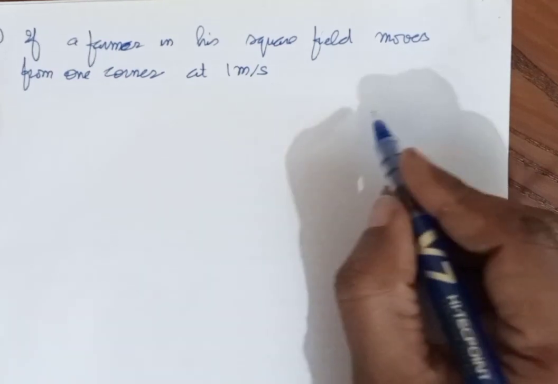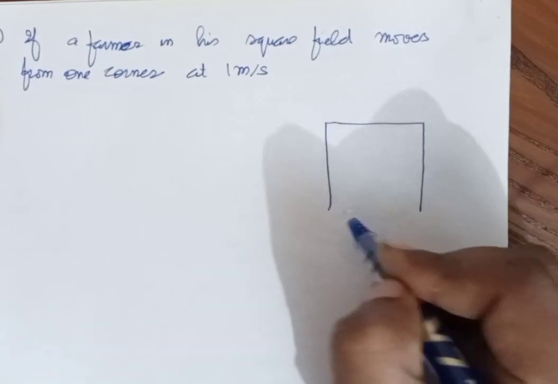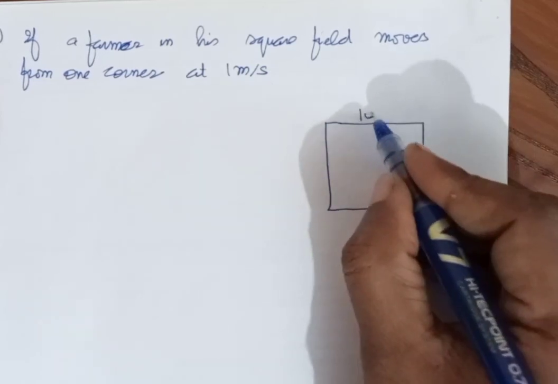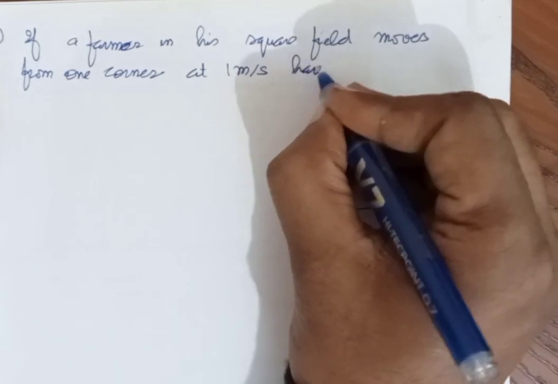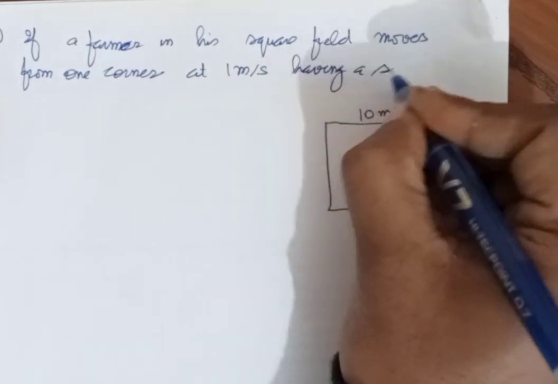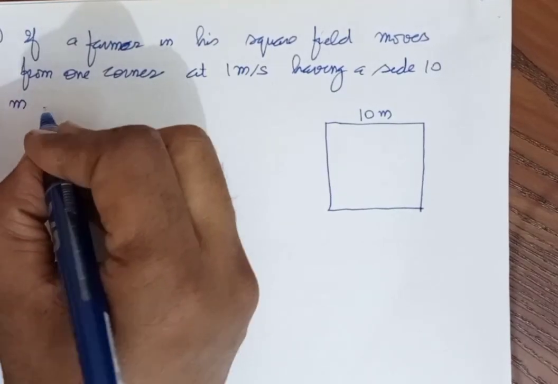This is a square field and he is moving at 1 meter per second, having a side of 10 meter.